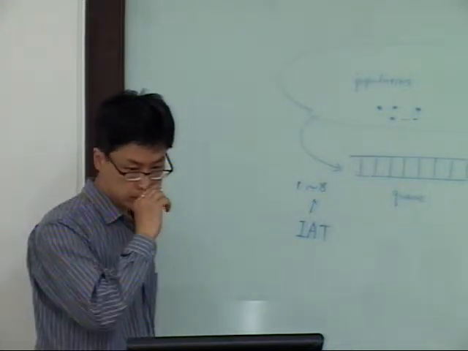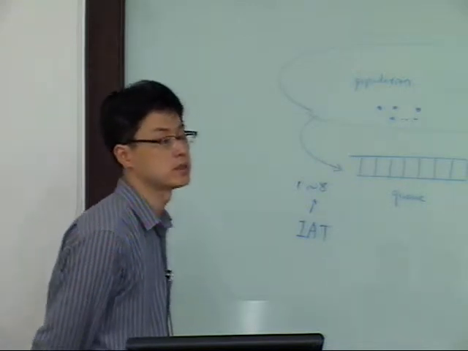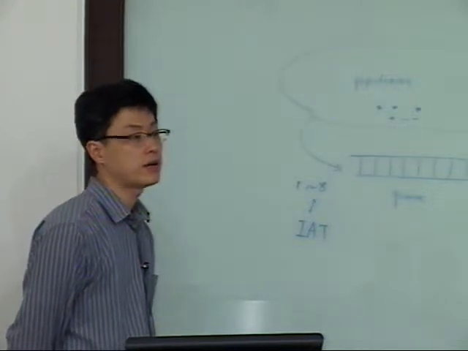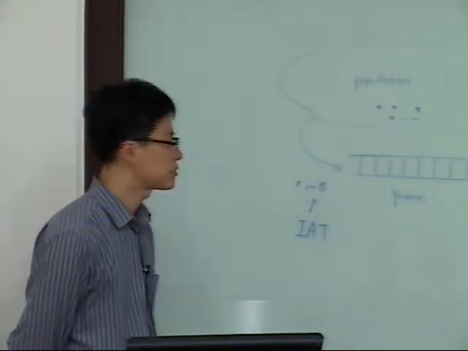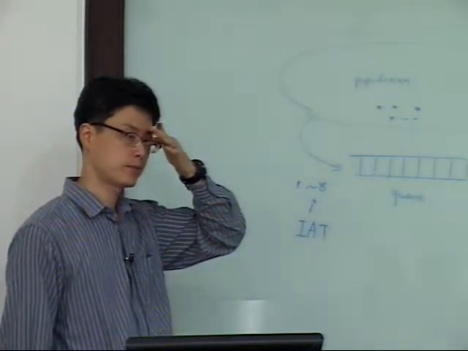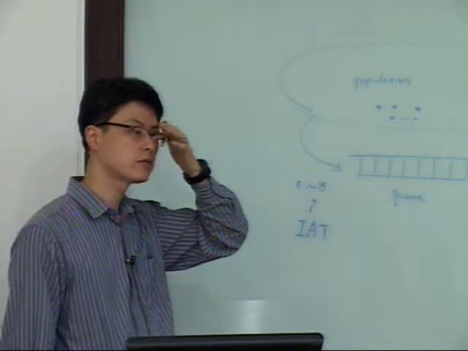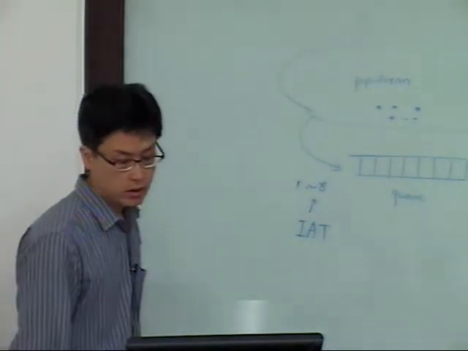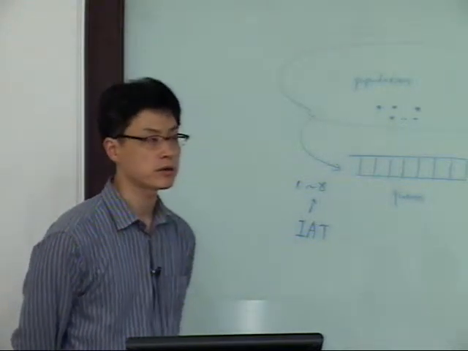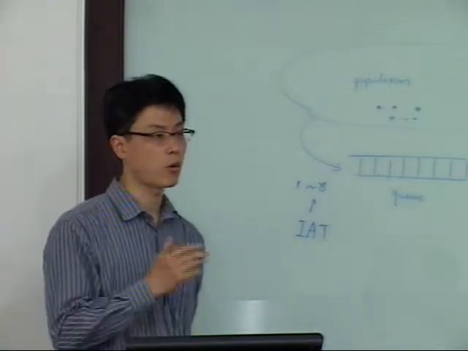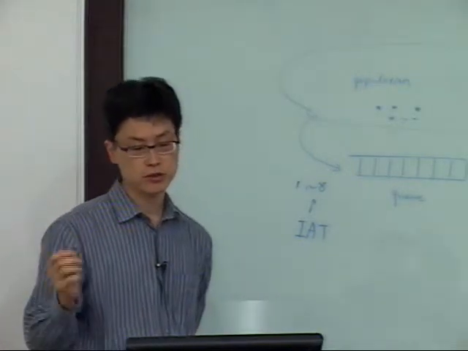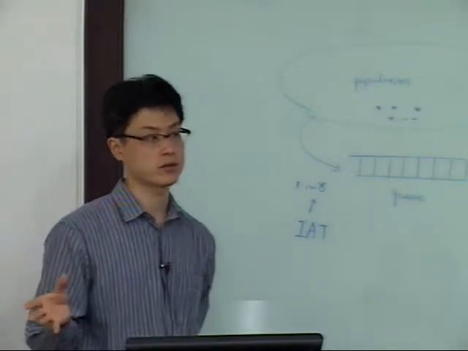And this is a random digit assignment thing. You don't have to do this kind of step, but it just explains how we can generate this inter-arrival time randomly. In this case, we assume that we have a random number generator. If we click the button, it automatically generates a random number from 1 to 1000.